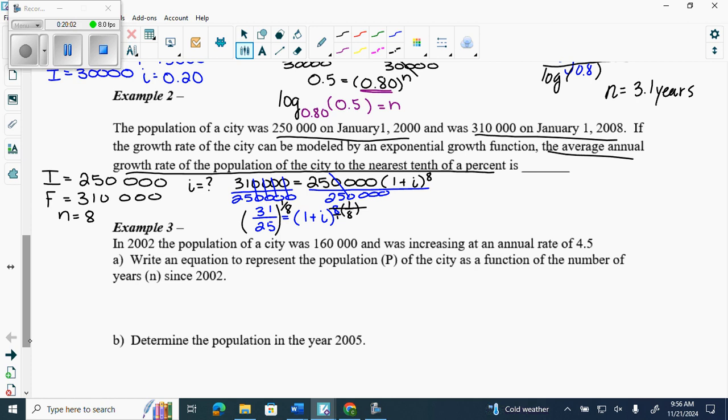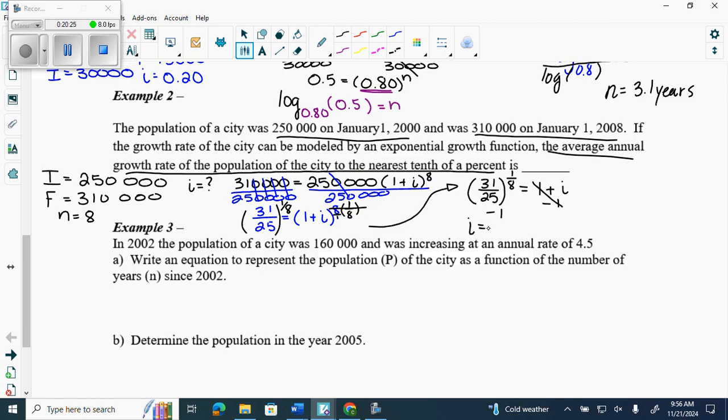So we have this to the 1/8. I'm not going to turn that to a decimal right now, I'm just going to keep it. So I'm going to go 31 over 25 to the 1/8 equals 1 plus i. What do I have to do to get i by itself? Subtract 1. You're right.